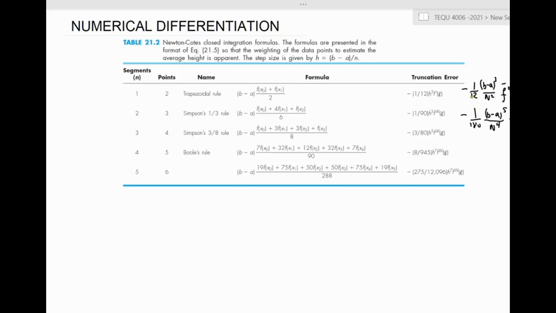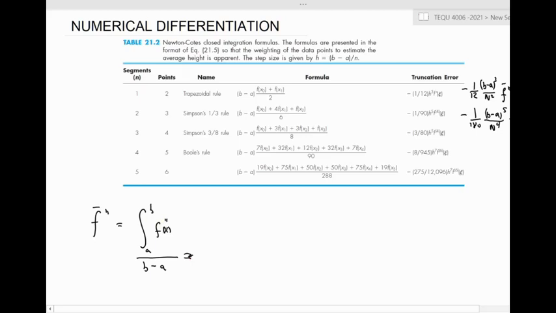In that case, you will go with this one, and this one requires the average of the second derivative, which is the integral of the second derivative between a and b divided by b minus a.